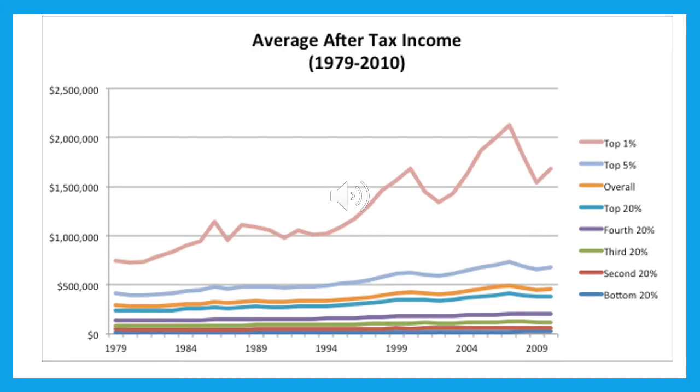So this chart shows average after-tax income in the United States from 1979 to 2010. Just to orient you to the chart, on the left-hand side, we see the y-axis. This is dollars of income after taxes per U.S. household.